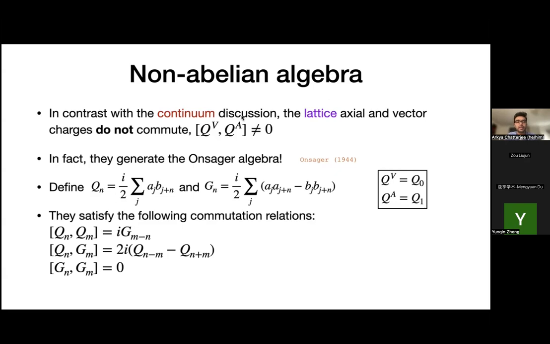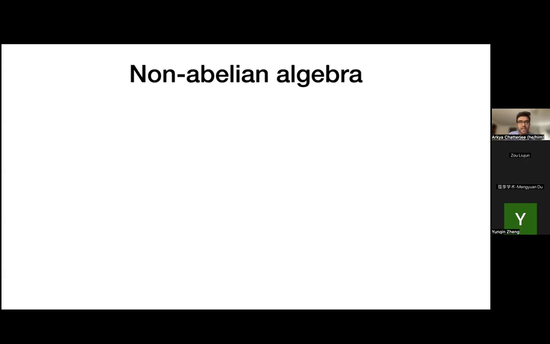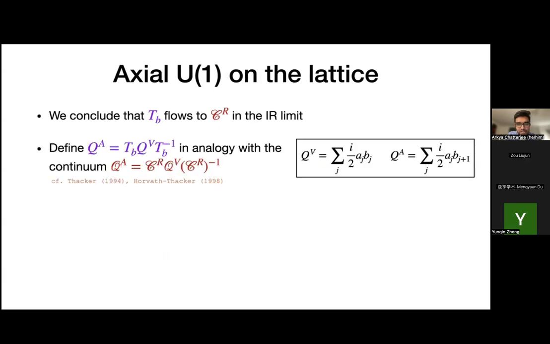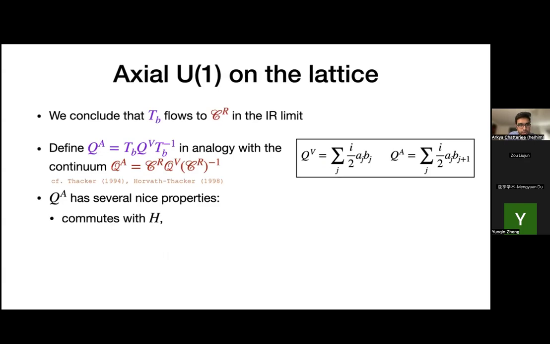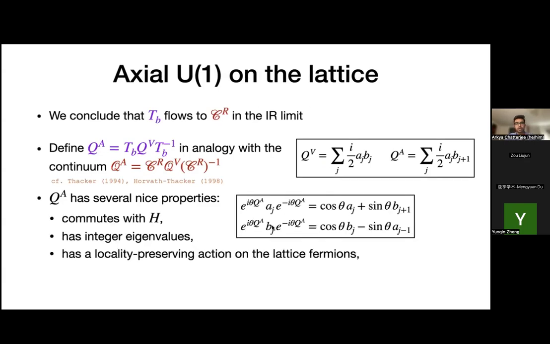Thanks for bringing this up. Actually, the Z2 subgroups are identical, even on the lattice. Yeah, I should have talked about this, but thank you for pointing this out. You can see it from this expression here. So set theta equals pi.